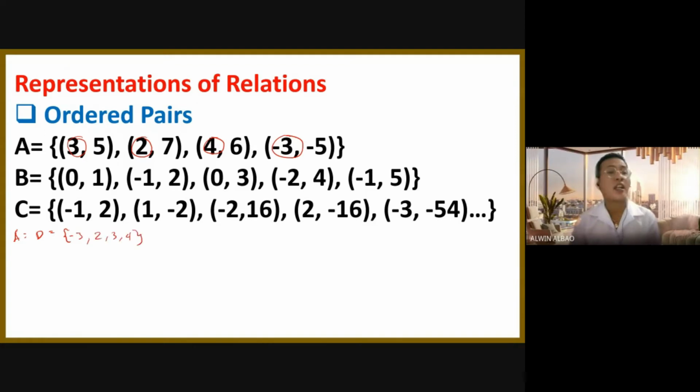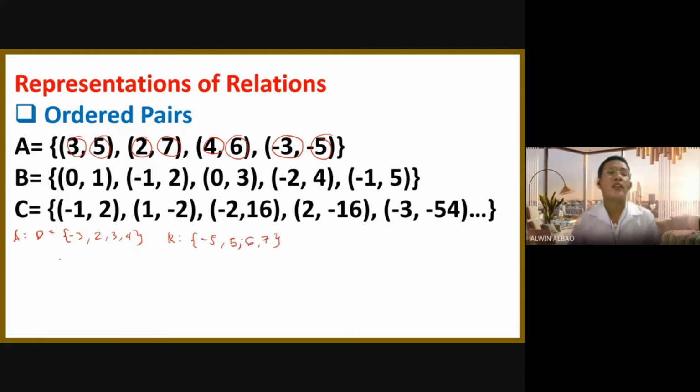We arrange it from smallest to largest value. And then our range is the second value in our ordered pair. So we have 5, 7, 6, and negative 5. So our range is negative 5, next is 5, then we have 6 and 7.